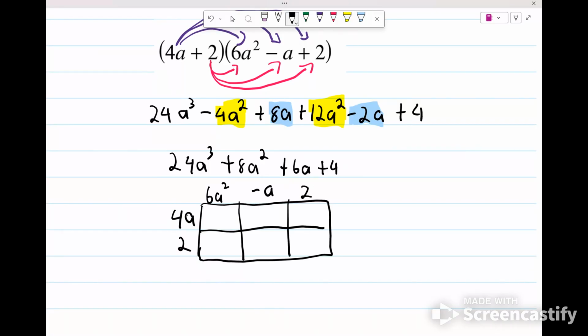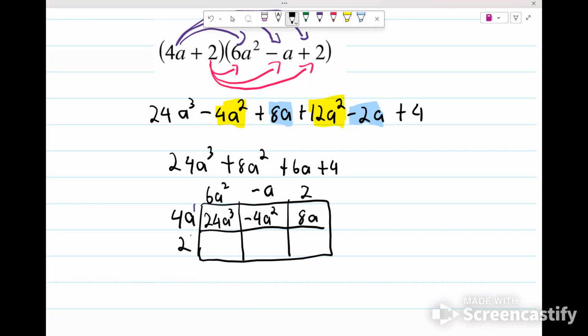So if we do 6a squared times 4a, that will give us 24a to the power 3, because we multiply the coefficients, and we add the exponents, saying 2 plus 1 would give us 3. 4a times negative a would give us negative 4a squared. And then we do 4a times 2, which will give us 8a.